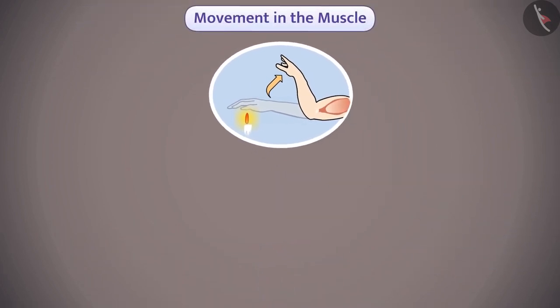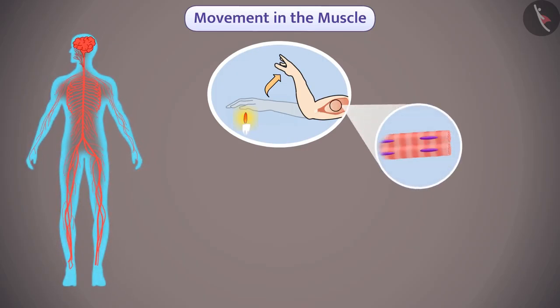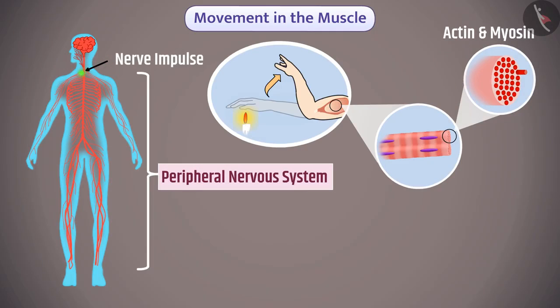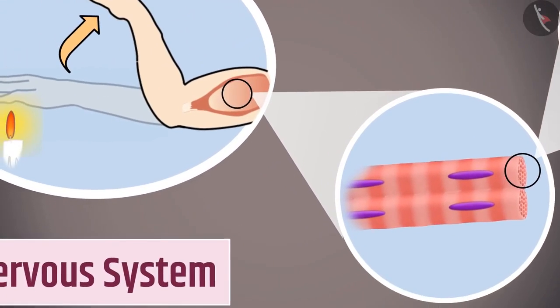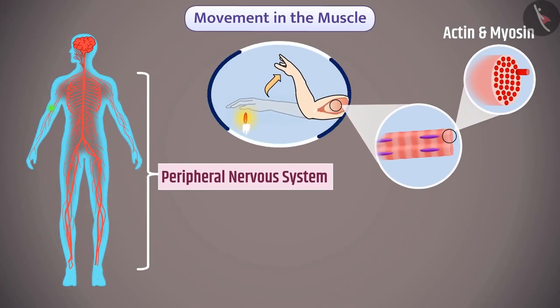Movement in the muscle. We know that muscle cells contain special types of proteins. When the nerve impulse reaches the muscle cell by the peripheral nervous system, the electrical impulse changes both the shape and arrangement of the protein, due to which the shape of the muscle changes, which causes the muscular movement.